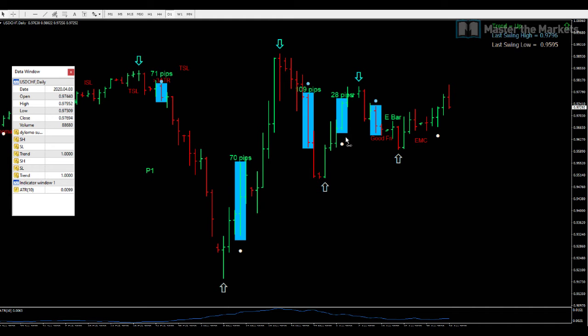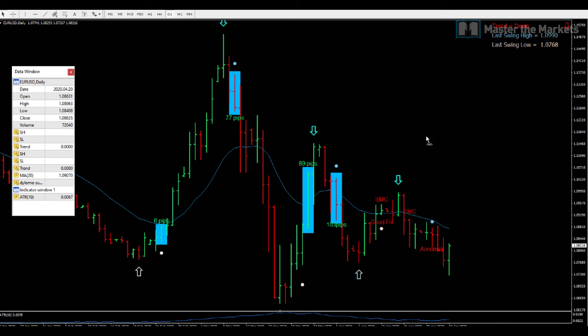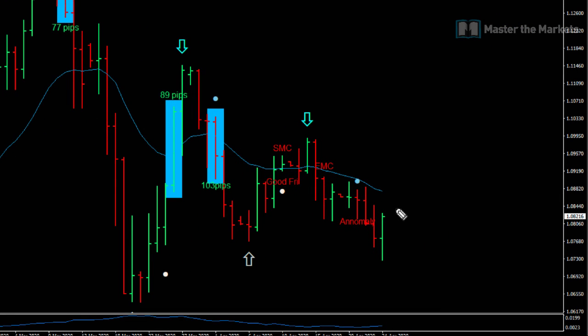Let's go to the euro dollar chart. So if I say 108.91, or let's say now I want to enter at the close here, let's do a live example. 108.21 entry, okay? I'm entering on the close.